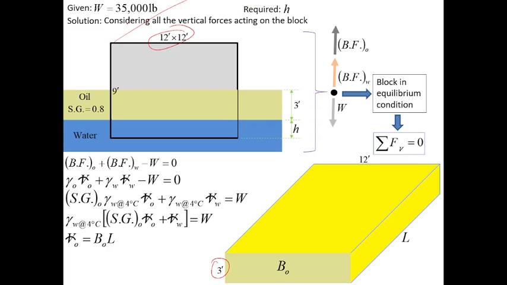Ibig sabihin yung third dimension dito ay 12 feet. Tsaka itong dimension na to, na pangalawa, ay 12 feet. Pareho din dito, no? Pareho din doon. Okay? And then, so 12 feet, ayun, third dimension.